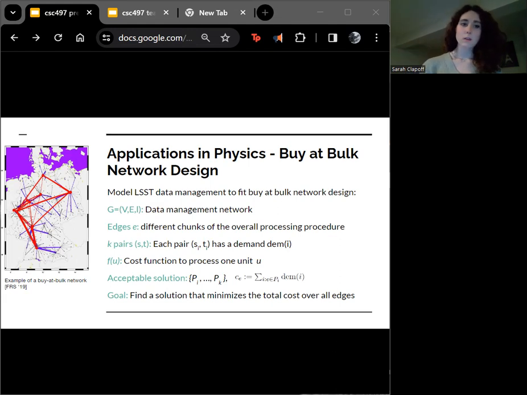The goal here is that we want to find a solution that minimizes the total cost over all edges. And by applying the FRT algorithm, we can provide an approximation that gives that solution within a factor of O of log n.